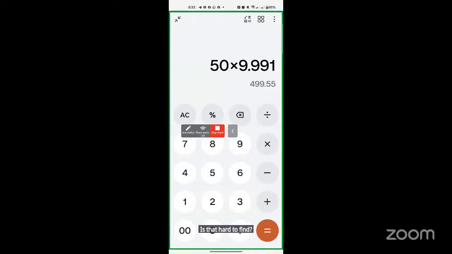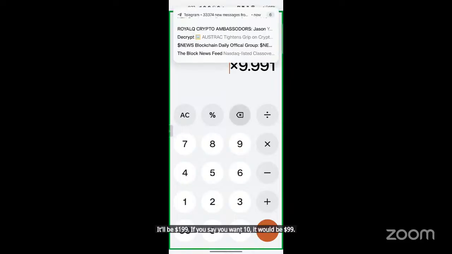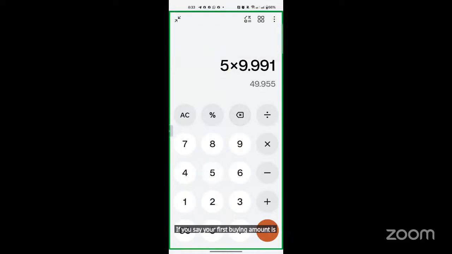If you say you want 20 coins, it will be 199. If you say you want 10, it will be $99. If you say your first buying amount is 5, it will be $49. Is that hard to figure out? Let me know in the chat.